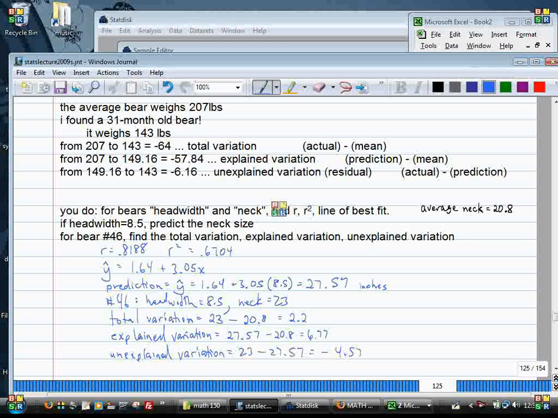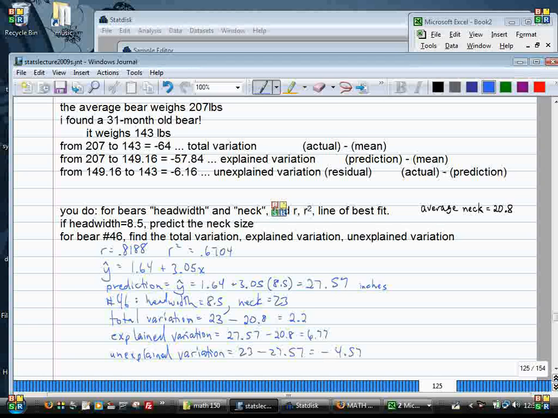Okay. Do you see the formulas? Yes, no? Okay, well you have to understand what the actual value means. I know 20.8 is the average. Right. I don't understand where you get 27.57. Because what part of the question, oh okay, right. So this bear has a head width of 8.5.